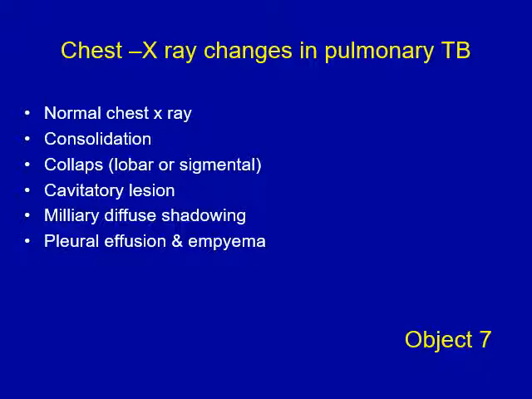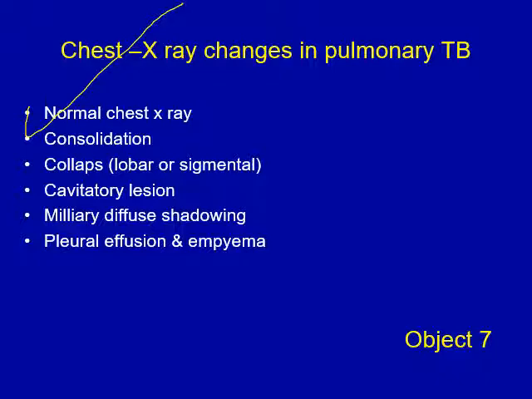What are the chest X-ray findings in pulmonary TB? Diagnosis of pulmonary TB is by the clinical feature plus the chest X-ray finding plus the positive AFB inside the sputum or by culture. The X-ray may be normal, rarely. So a normal chest X-ray does not exclude TB.